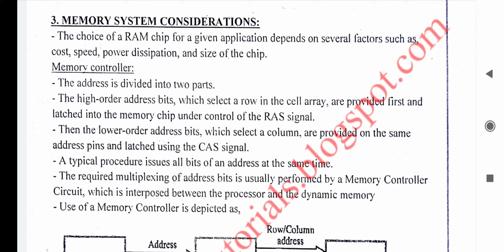The higher order bits of the address, which select a row in the cell array, are provided first and latched into the memory chip under the control of the RAS signal. Then the lower order bits, the remaining bits, which select the column, are provided on the same address pins and latched using the CAS signal. That is the row address signal and column address signal.